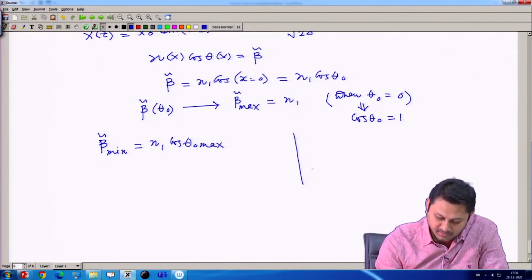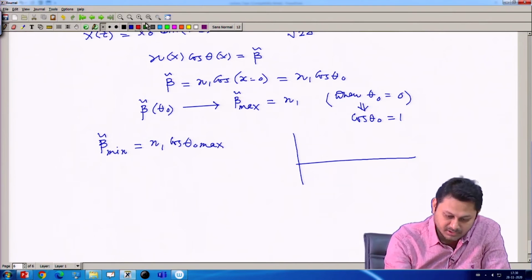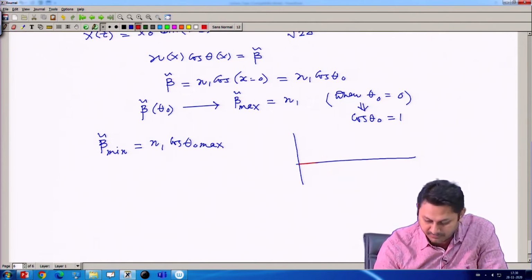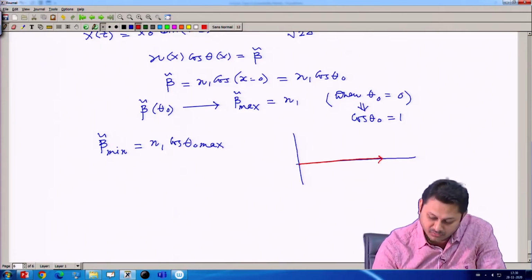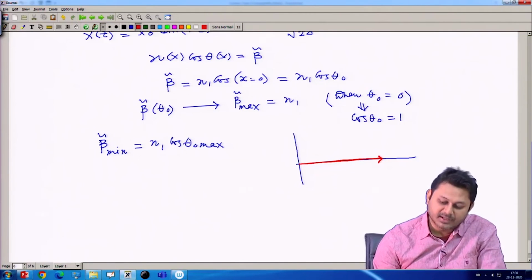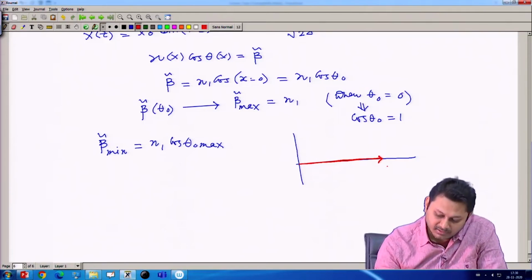Why is that? Because if you look carefully, this is the ray for which I have maximum beta, which is directly going along the axis. So, the ray passing along the axis has the value of beta tilde max.